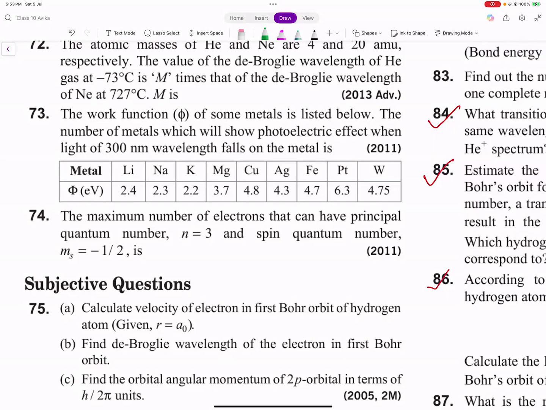Is it still 5? No, check again. What is the energy you are getting? 4.1433. So 4.1, right?